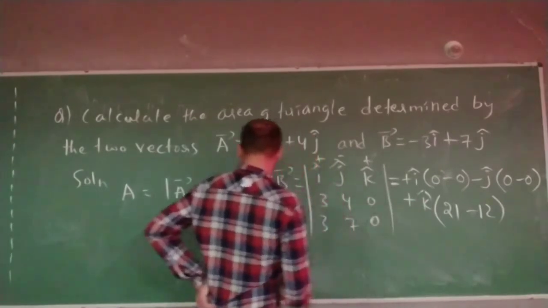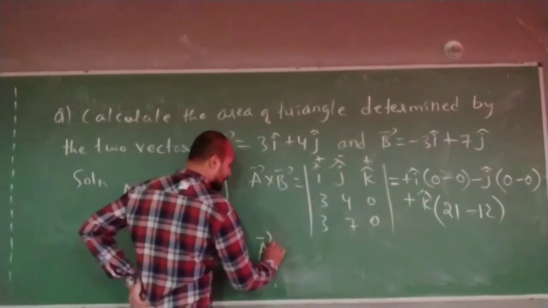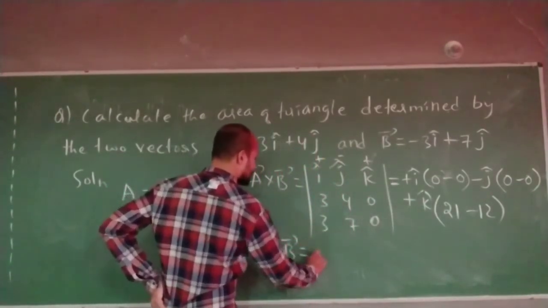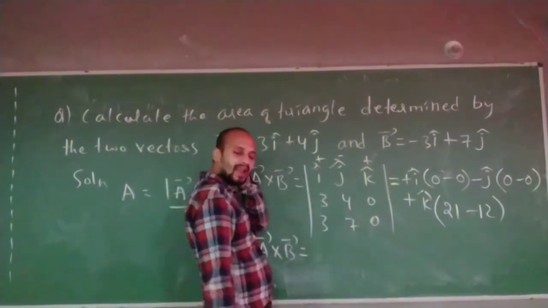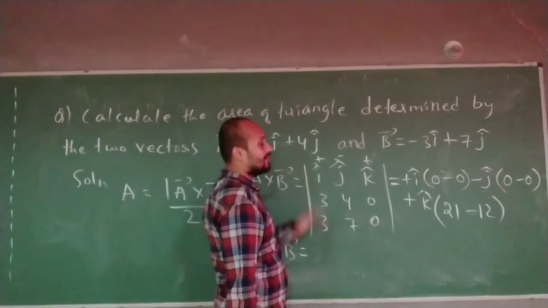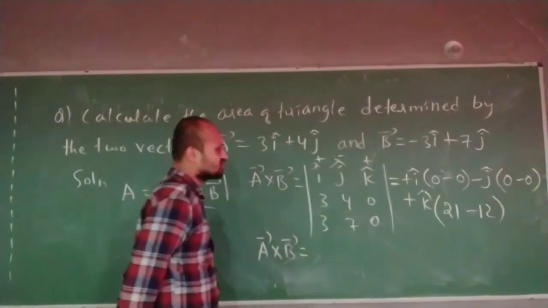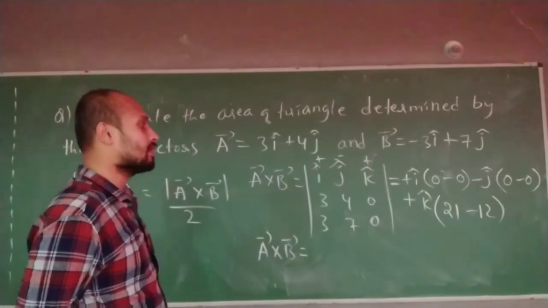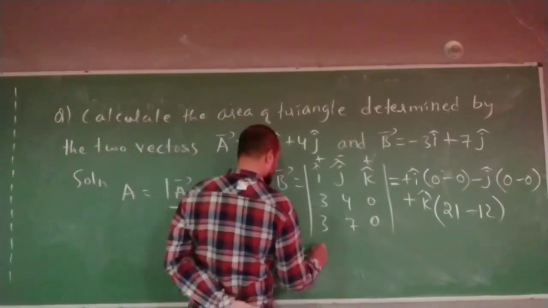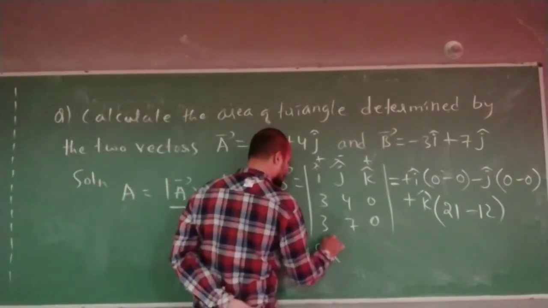The value of A cross B is 21 minus 12, which means 9. So it is 9 k.